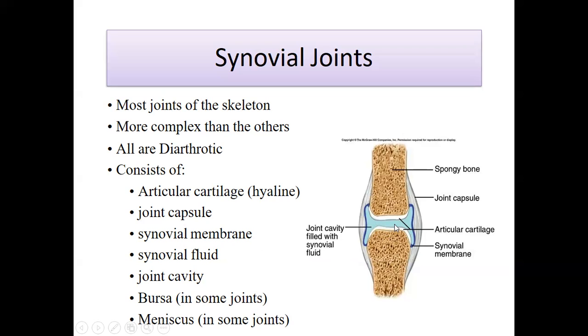It allows friction-free movement in between the joints. You have the joint cavity. The joint cavity is the space inside the synovial membrane that is being filled up by the synovial fluid. Then you have the bursa in some joints, and you have menisci in some joints, and we'll talk about those a little bit later.